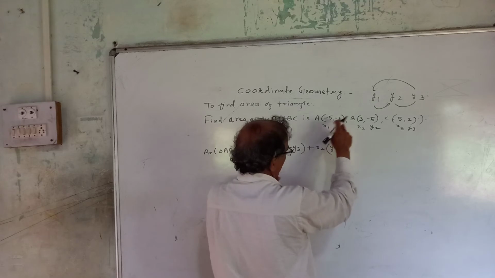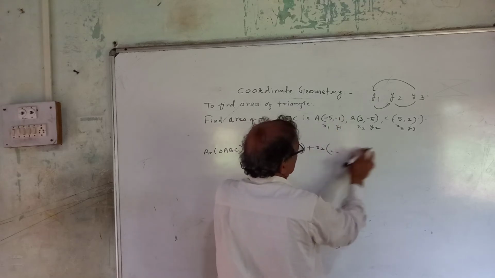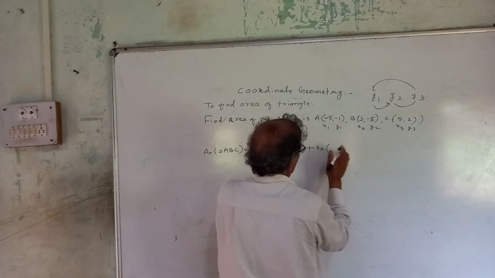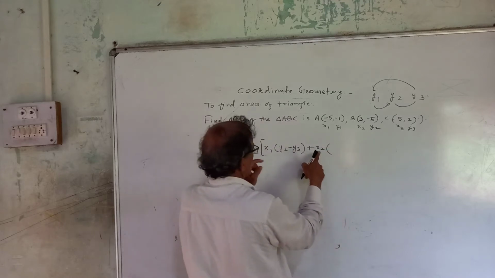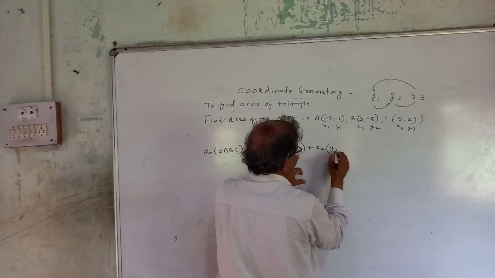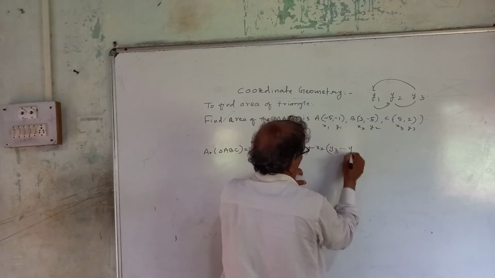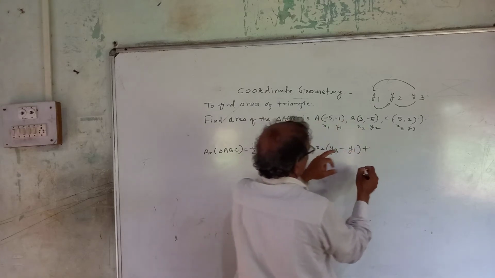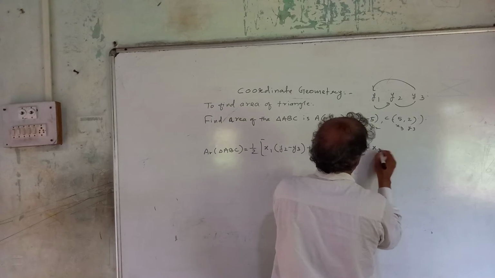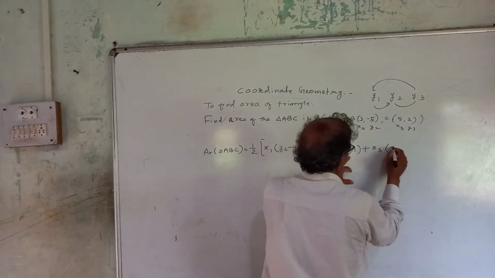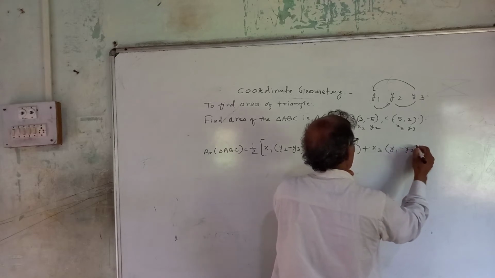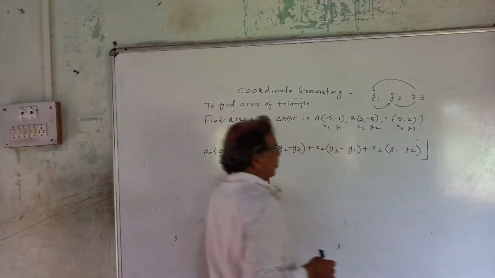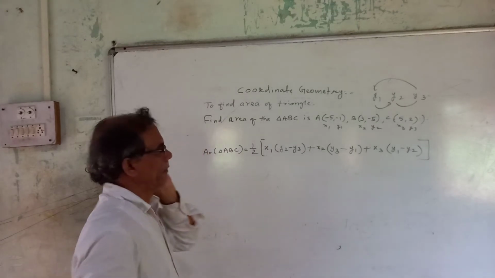So y3 means how much here? It is 2. Sorry, I am writing the formula now. So x2 into (y3 minus y1) and plus x3. Now what will come? Start from here, y1, after 1 it is 2, so it is y2. So y1 minus y2. So this is the substitution.